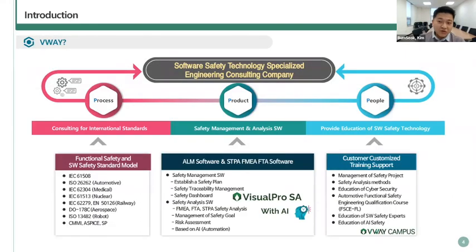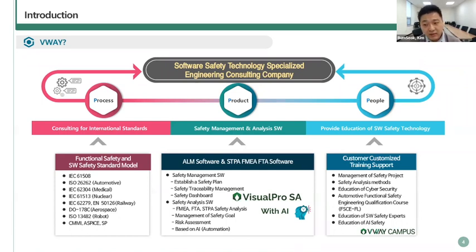I think you don't know our company, so I will introduce it briefly. Our head office is in the Republic of Korea, South Korea, and one of our businesses is international standard consulting, such as ISO 26262, IEC 62304, SPICE, and so on, in terms of safety process consulting.